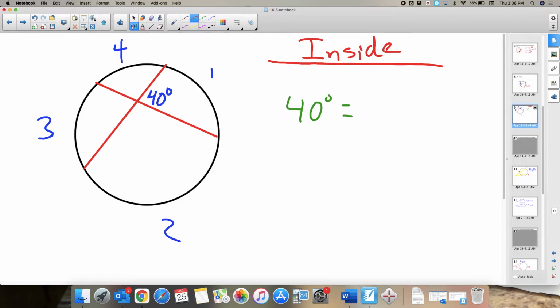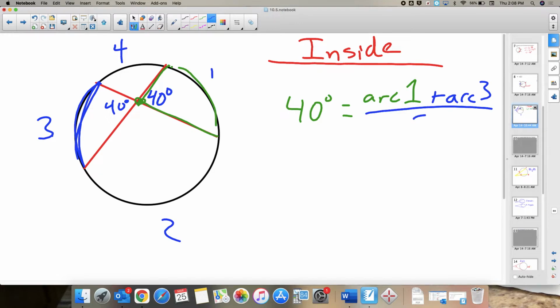If I'm looking at my 40-degree angle, it makes arc 1, but since your vertical angles are equal, this angle here would also be 40 degrees, and that makes arc 3. So that 40 degrees is the average of those two arcs.